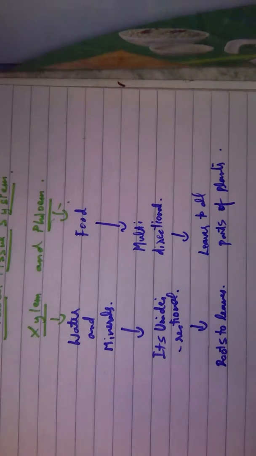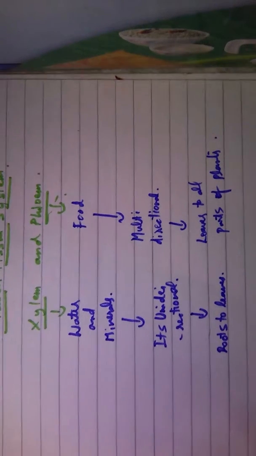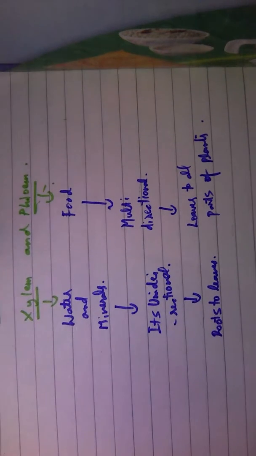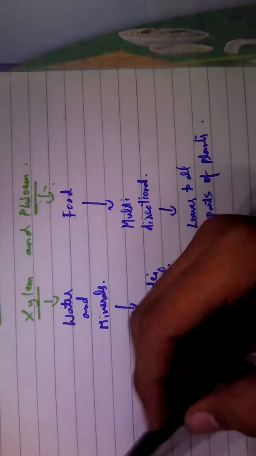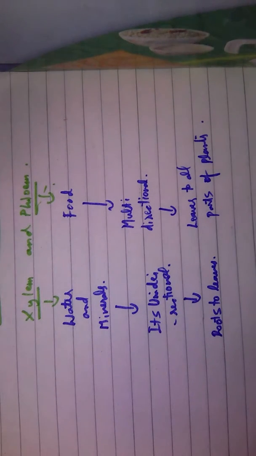Okay, now let us see about the transport of water, minerals and food in plants. It will be easier for you to understand with a small diagram. Let me draw it. Before that, I'll tell you one thing. Plants absorb water and minerals through roots, right? The roots have root hairs which increase the surface area for the absorption of water and minerals dissolved in the water.